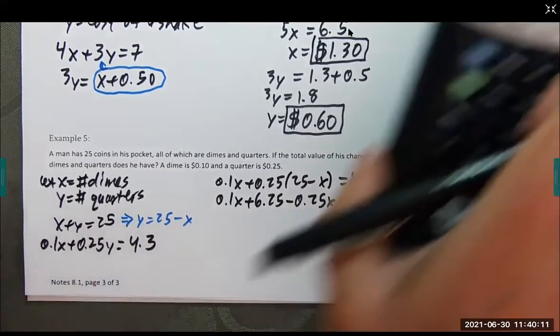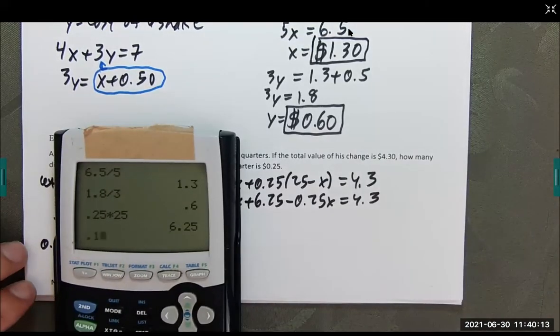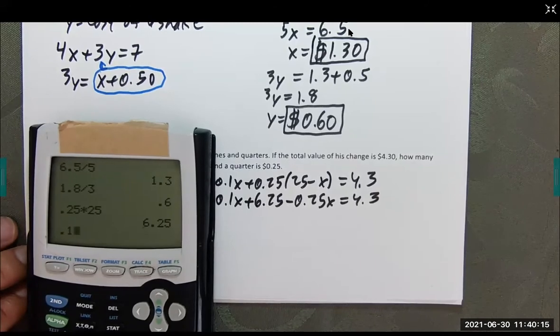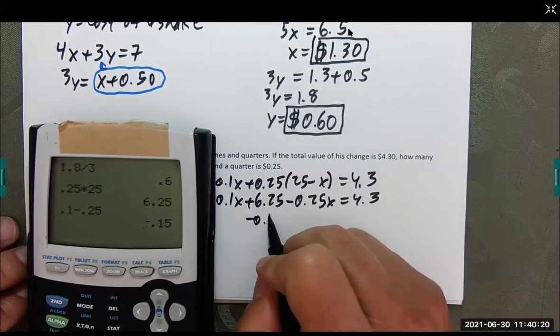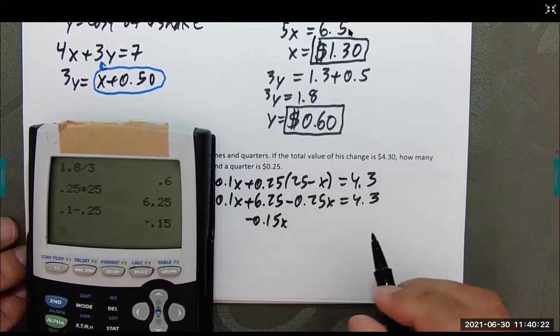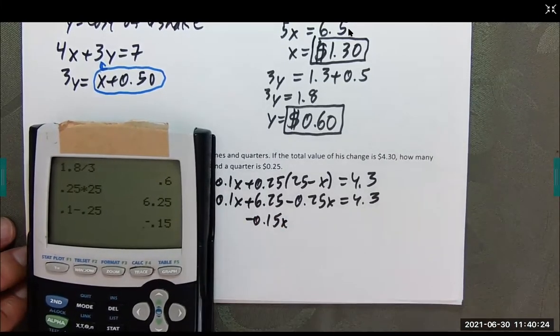Combining my like terms, so 0.1 minus 0.25, negative 0.15x, and I'm going to subtract, 4.3 minus 6.25.